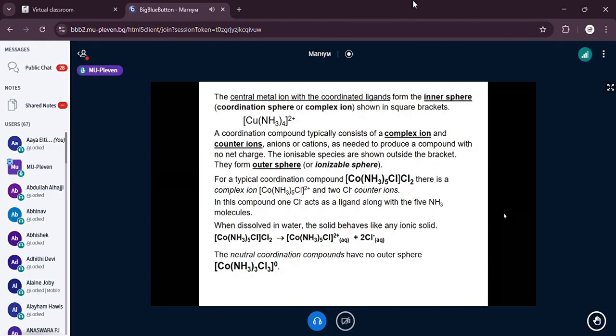In brief, inner sphere is everything included in these square brackets. Everything included in these square brackets means inner sphere consists of central metal ion plus ligands.